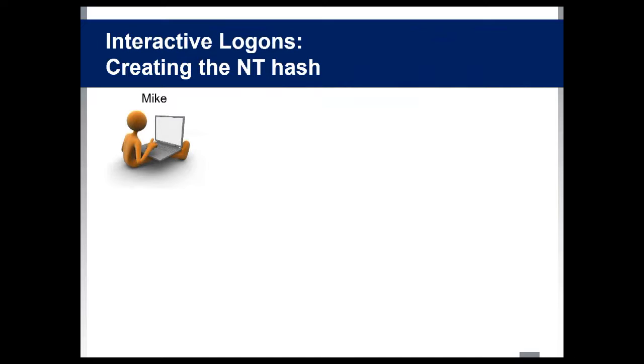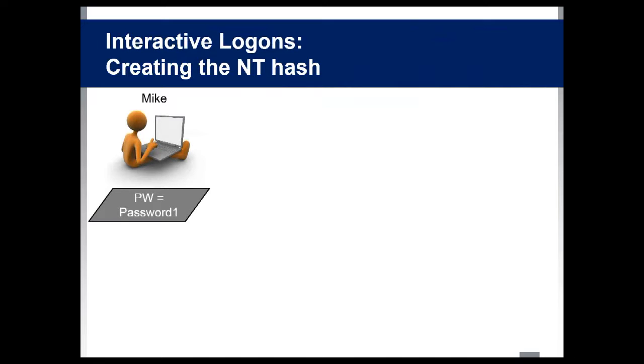But let's take a look first at how we create this particular hash. My user here is Mike, and I'm logging into my workstation. The first thing that happens is I type in my password. For the purposes of being able to perform network authentication later, Windows creates that NT hash and stores it in memory.